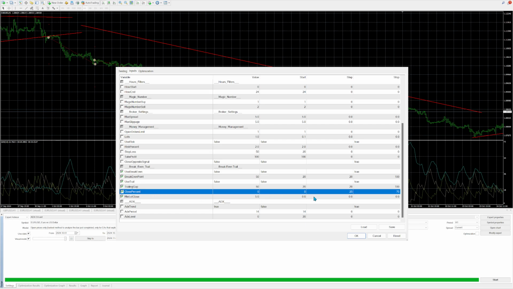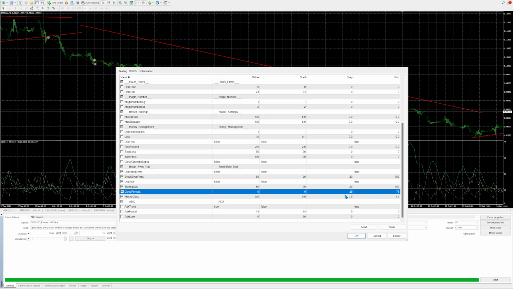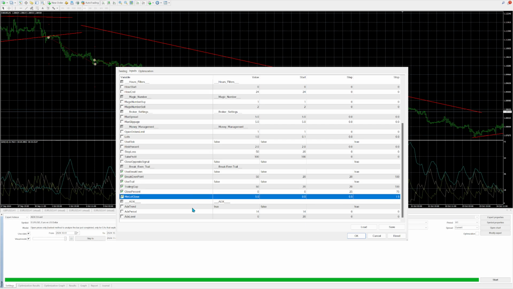Close percent basically means the EA will close none of the trade, or when the trailing gap is reached, it will close 25% or 50% or 75%, and so on. Minimum lot to close will do 0, which means it can keep on closing. We're trading one lot, so 0 means it can keep on closing, 0.5, and then up to 1.5, where it just won't close any part of the position.